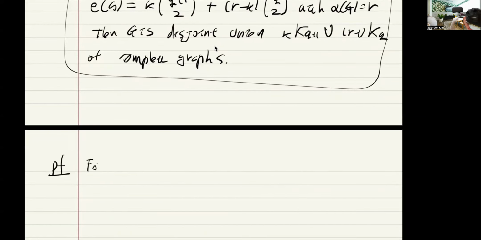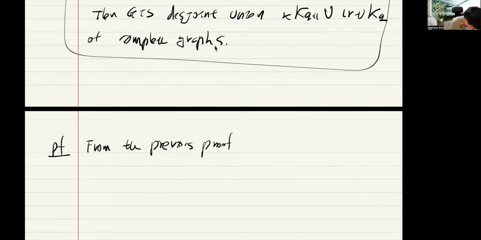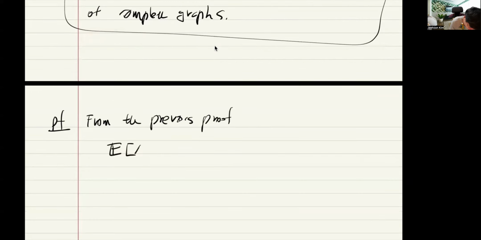From the previous proof, you repeat it, then what do you get? You get the expectation as the sum of 1 over degree plus 1 now. And you do exactly the same thing, but now instead of strict inequality, you have an inequality with equality being possible.